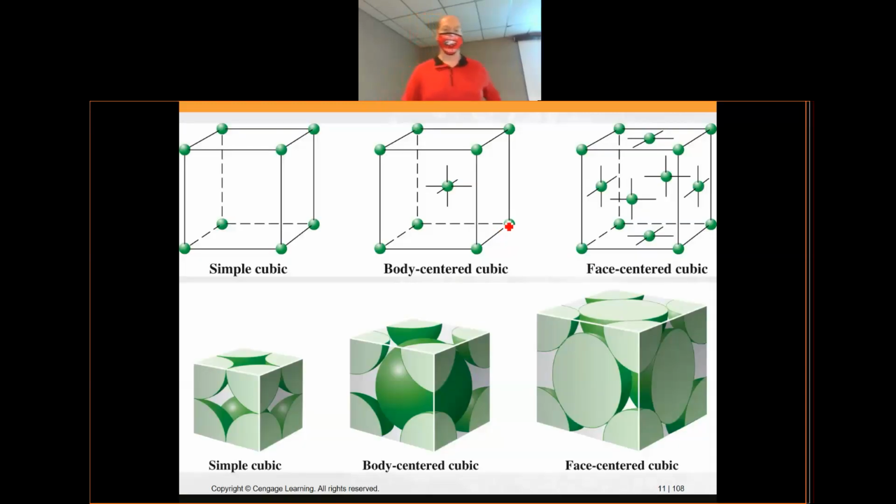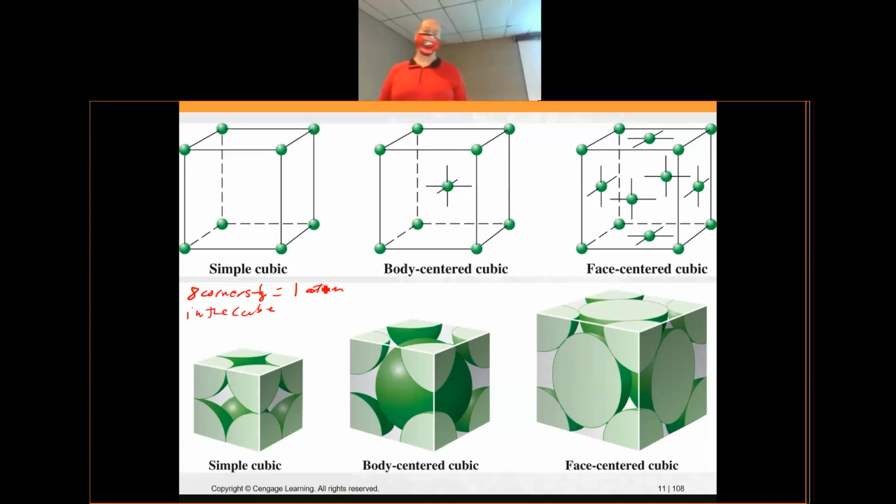All right, so here are the 3 possible cubic structures that we will get. We will get the simple cubic, where there's only atoms on the corners. So we have 8 corners, 1/8, so 1 atom in the cube.